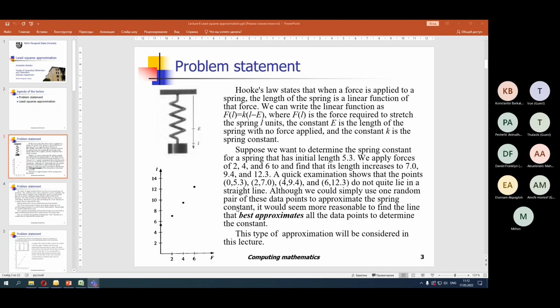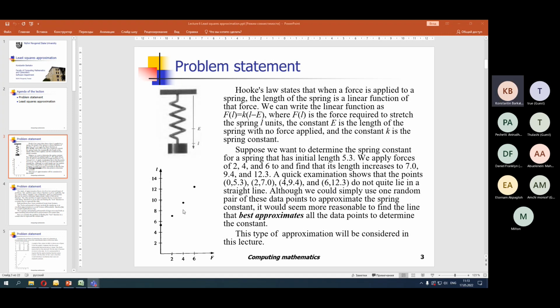So again, from the mathematical point of view, the problem is as follows. We have a set of points. We know that these points must lie on a straight line, but they do not quite lie on this line. This point, for example, is a little bit higher, this point a little bit lower.